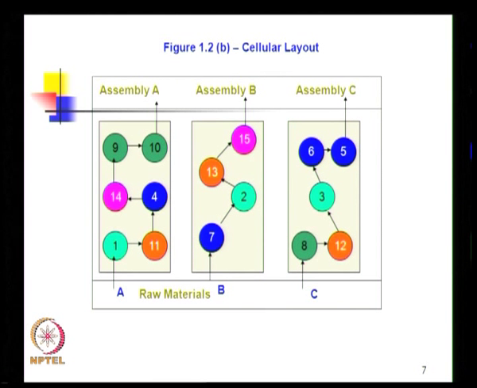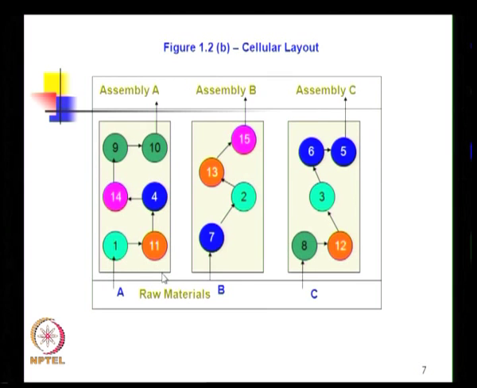Now, when we start doing that, we are going against the fundamental principle of cellular manufacturing, because cellular manufacturing does not want you to move things from one cell to another, whereas it wants us to move things within a cell. Now, when we move something from one cell to another, it is called an intercell move.